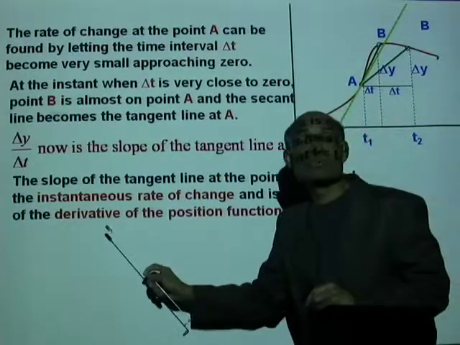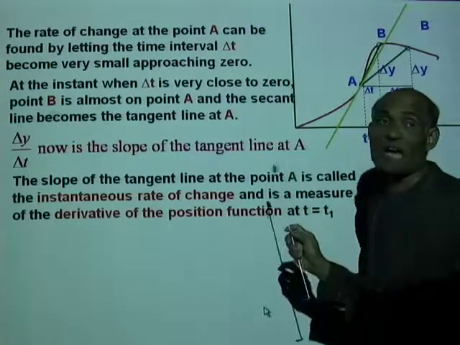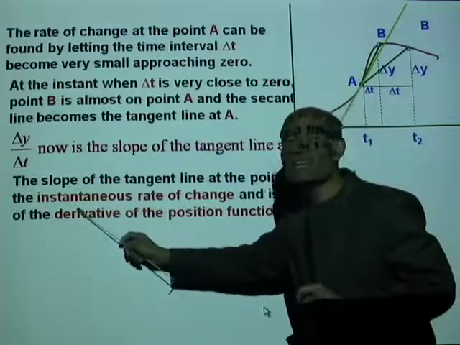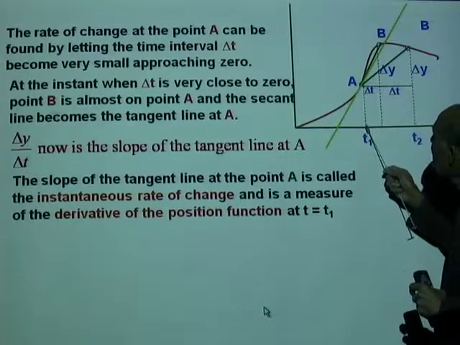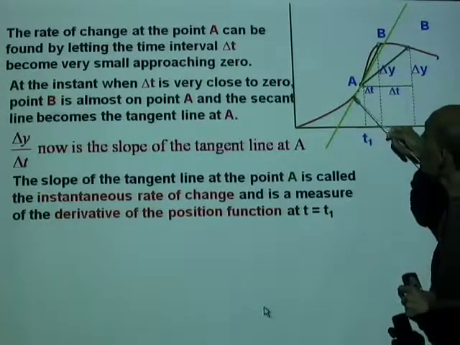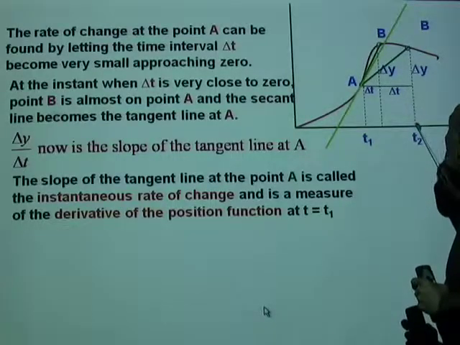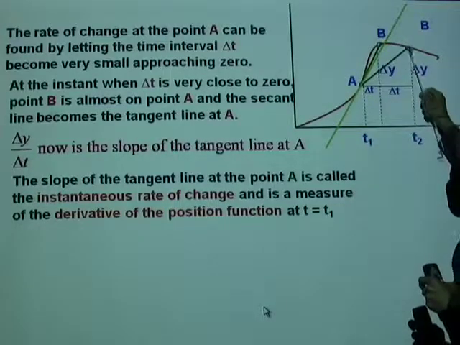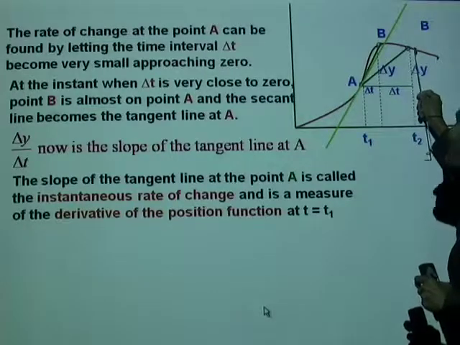The derivative has a meaning only at one point, called the instantaneous. What is the rate of change at t equal to t1? It is the slope of the tangent line drawn at A. What is the rate of change at the instant t equal to t2? It is the slope of the tangent line at the point B.